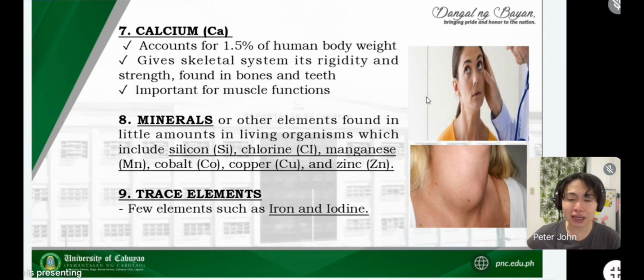So, ibig sabihin, even though trace element siya, it contributes to the interprocess of our body and at the same time, the beautification natin. Pag madami kang red blood cell, si red blood cell kasi is binubuo ng iron na nagbibigay ng kulay. That's why pag enough yung iron sa katawan natin, buhay na buhay ang itsura natin.